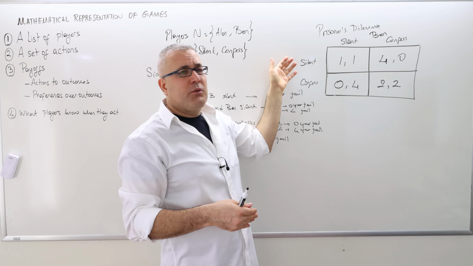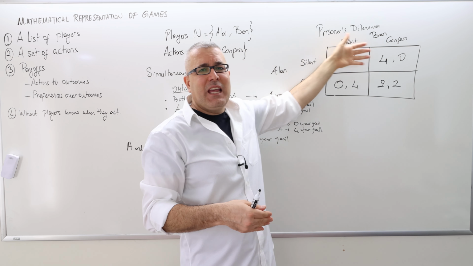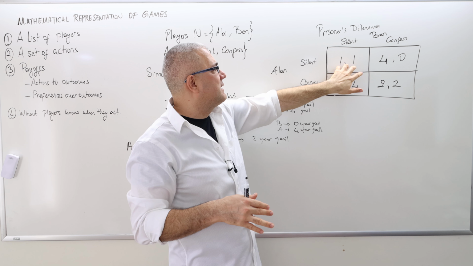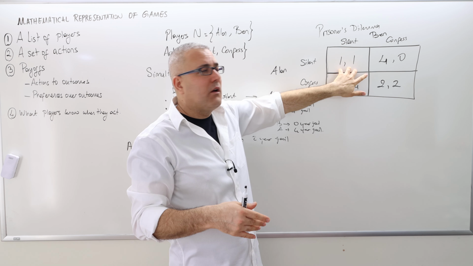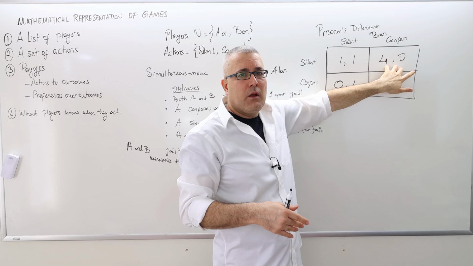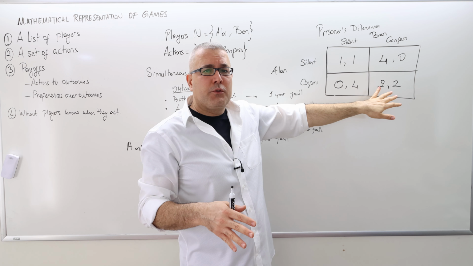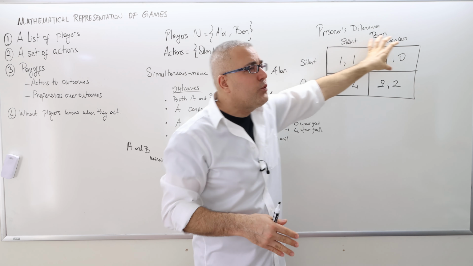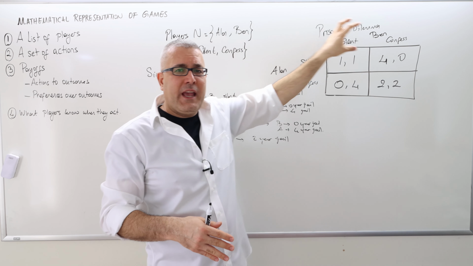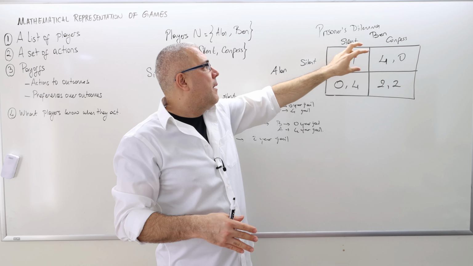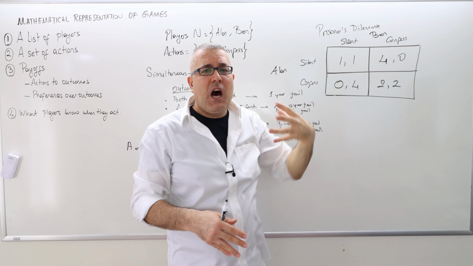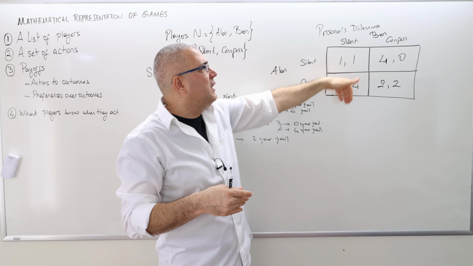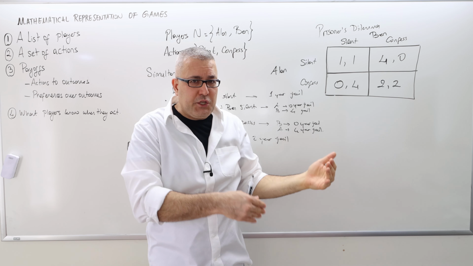When you, for example, choose the action silent, you guarantee that the outcome is going to be either 1, 1, or 4, 0. It's not going to be 0, 4, or 2, 2 because you choose silent. So you choose in which row the outcome will occur, but your opponent determines which column. So you, as Alan, do not know which column your opponent will be choosing.